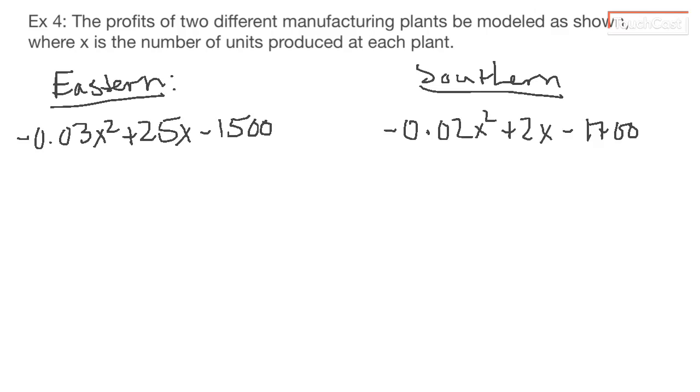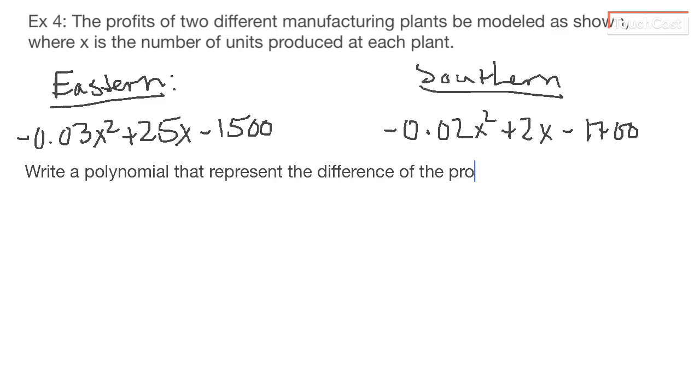Now I can give you the very last bit of information we need before we can solve this problem. So what we need to do is write a polynomial that represents the difference of the profits at the eastern plant and the profits at the southern plant.